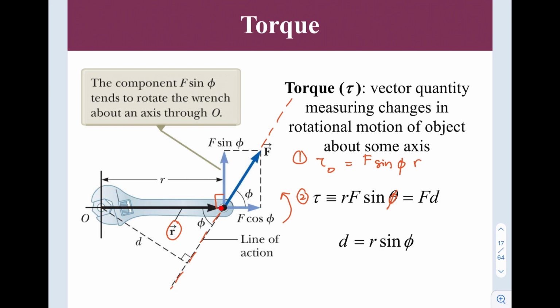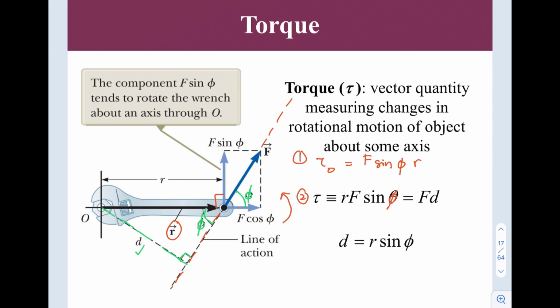Figure out one distance which makes 90 degrees to the line of action of the F. This D is making 90 degrees with the line of action of the F. So the D is the perpendicular distance. How to get the D? You have phi here, so this is also phi.